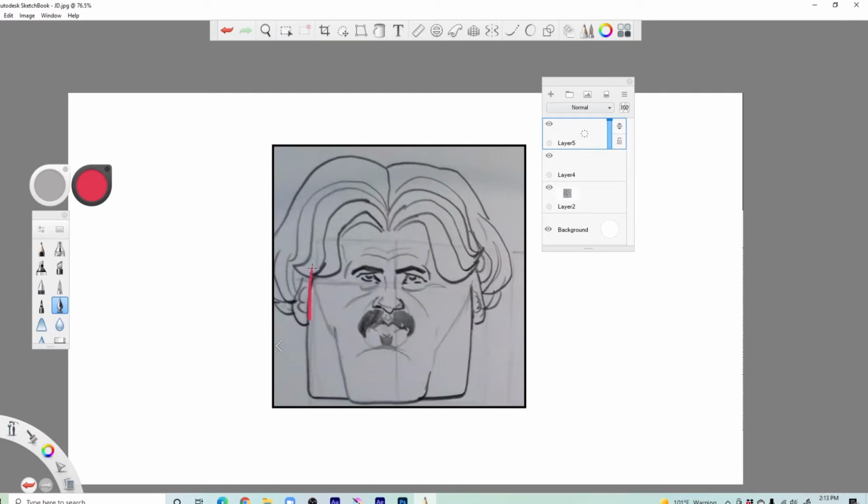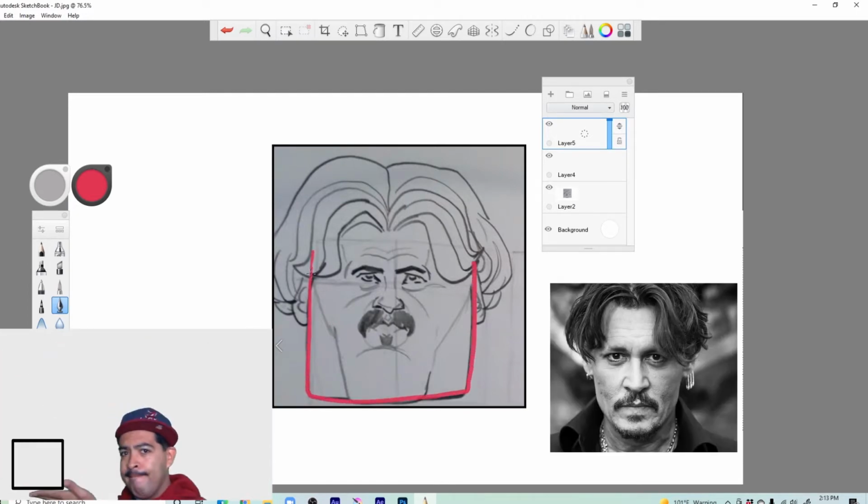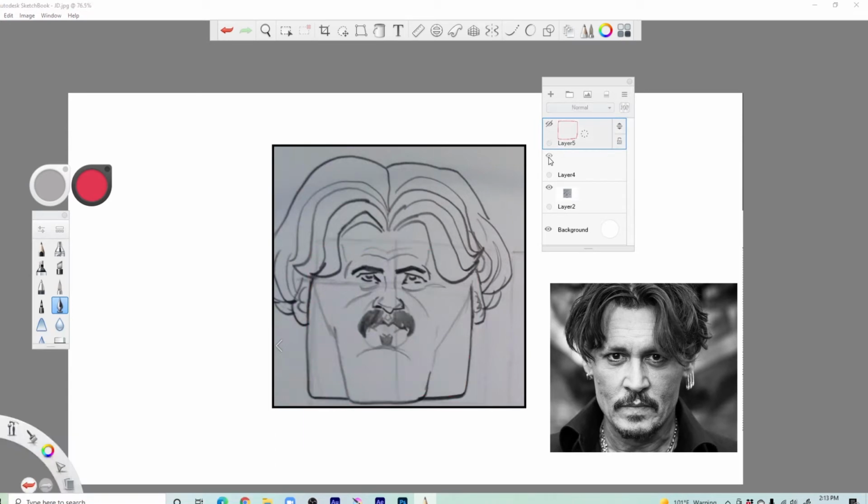Let's review. We have established the overall head shape as a square shape. Based on the picture that I'm using and considering the law of constant mass, it appears that there is more mass in the lower part of the face. Therefore, I'm rearranging the proportions of the features by moving them up higher on the face.